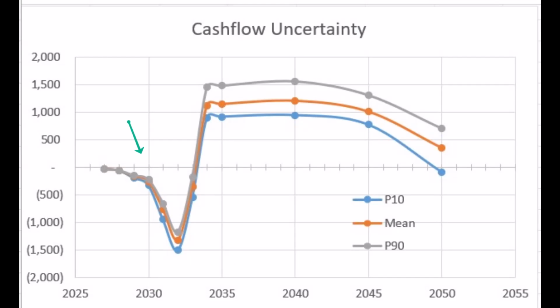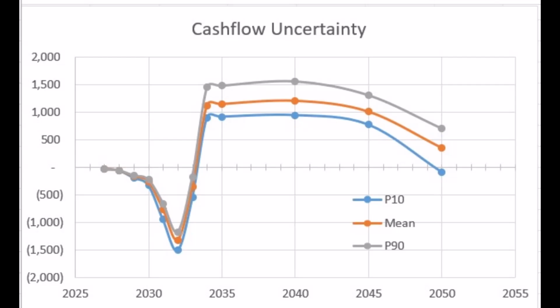So here's the cash flow uncertainty bands. You can see we have a little bit of investment here. The investment's not that uncertain, to be very honest, the way we've got it set up. And then we start to get to positive cash flow. Up here, now we're in the positive cash flow, but these bands are wider because we have the uncertainty of production and the uncertainty of price.